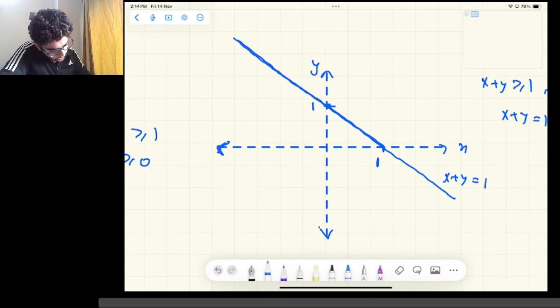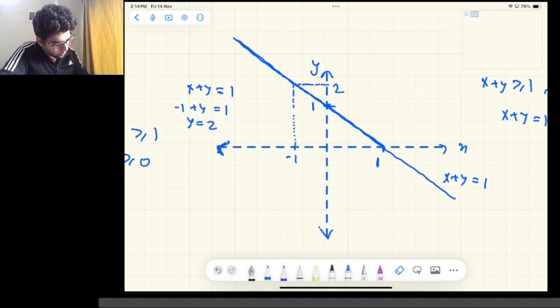If I put x equal to minus 1 in x plus y equal to 1, this gives minus 1 plus y equal to 1, so y will come out to be 2. So I've already taken this into account.